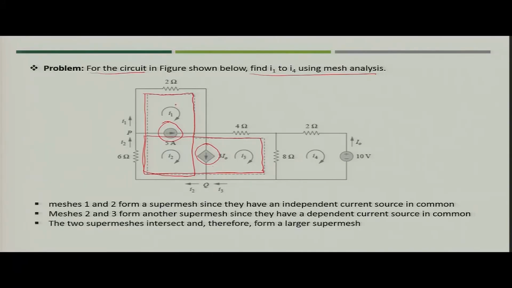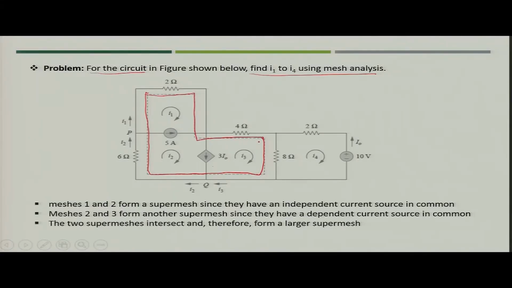The problem is that these two super meshes are crossing each other. As we discussed, if you have this kind of scenario where two super meshes are crossing each other, we have to merge both of them and create a larger super mesh. In that case, you will get another super mesh, which is the union of both of the super meshes, and you will call it the larger super mesh.